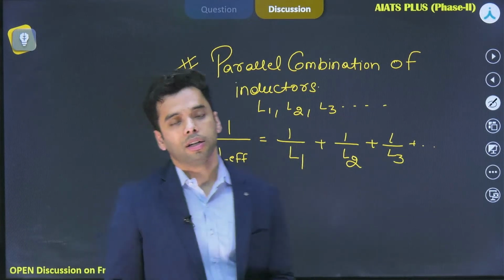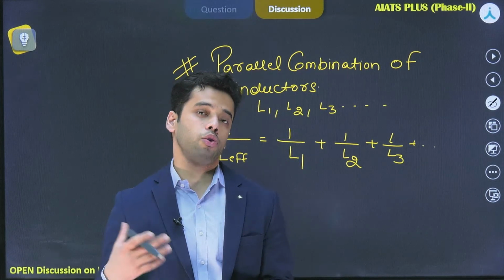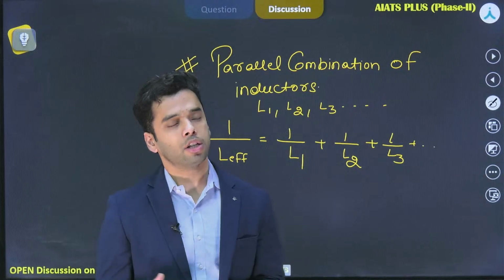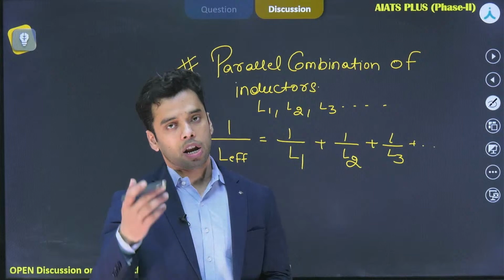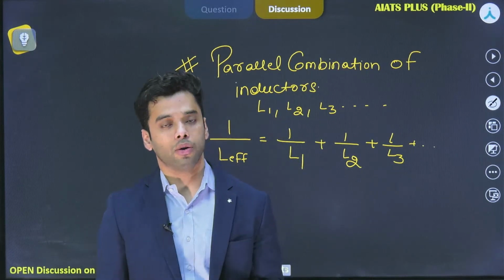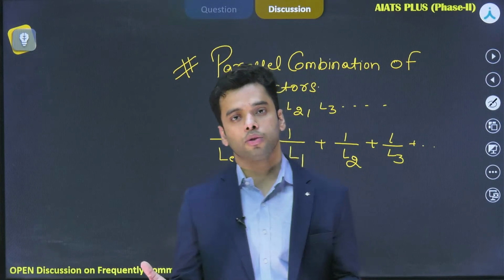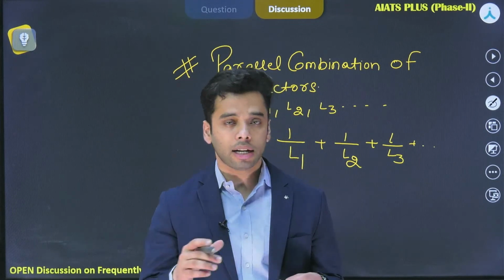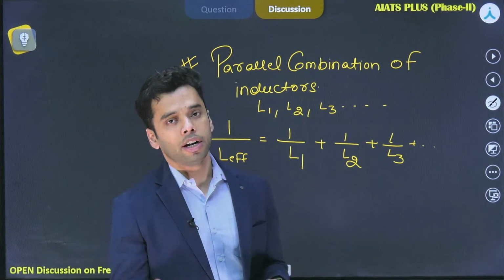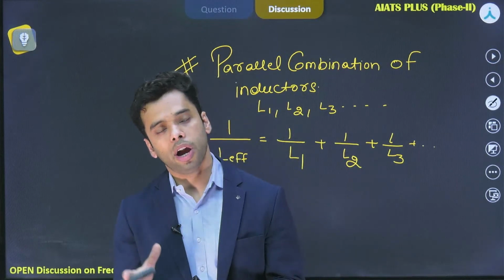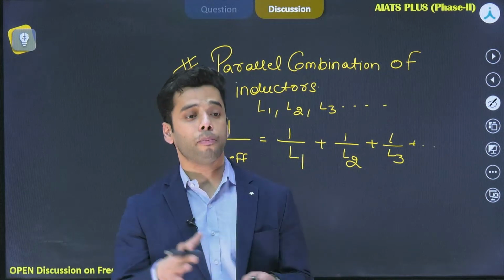So you can see that these combinations of inductors behave in the same way as you deal with resistors. When they are in series combination, you add them up, and when they are in parallel combination, you use this formula: 1 over R equivalent is equal to 1 over R1 plus 1 over R2. But if we talk about capacitors, in series combination you will use 1 over C equivalent equal to 1 over C1 plus 1 over C2, and for the parallel combination, C equivalent is equal to C1 plus C2.